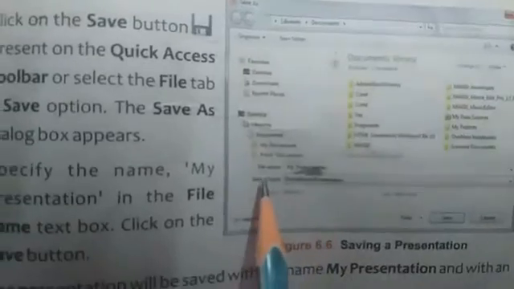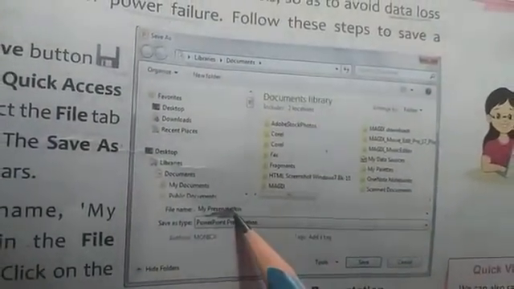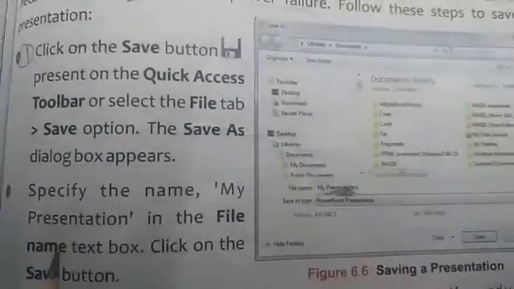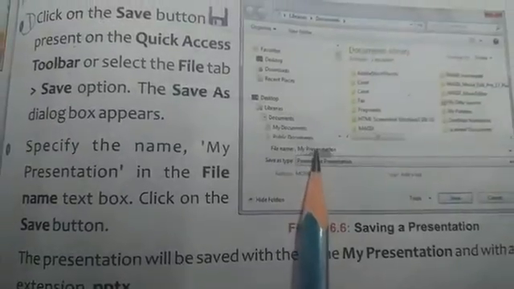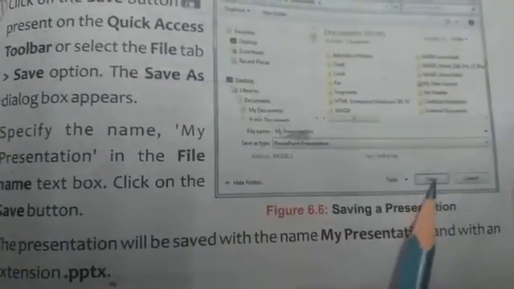In this picture you can see the File name text box is present. Here you can type any text. After typing your file name, you can click on this Save button.